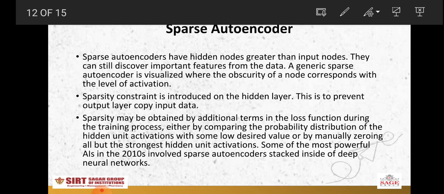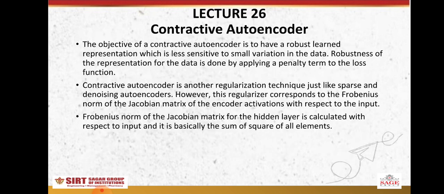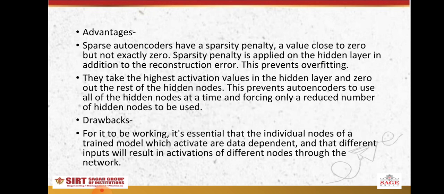unit activations. Some of the most powerful AIs in the 2010s involved sparse autoencoders stacked inside of deep neural networks. The advantage of sparse autoencoders is that they have a sparsity penalty, a value close to zero but not exactly zero.